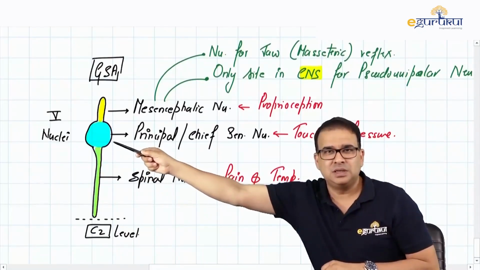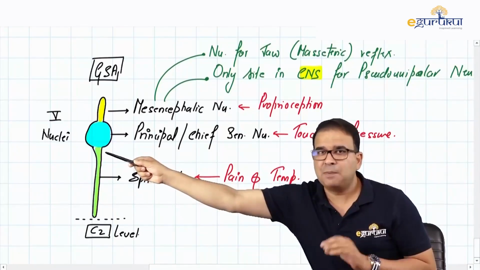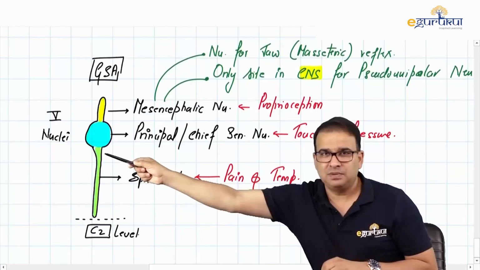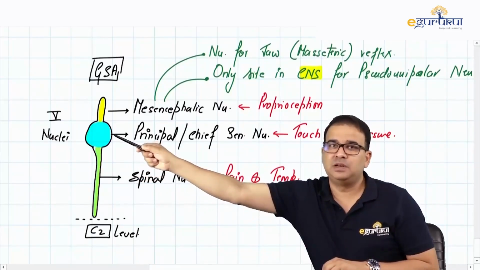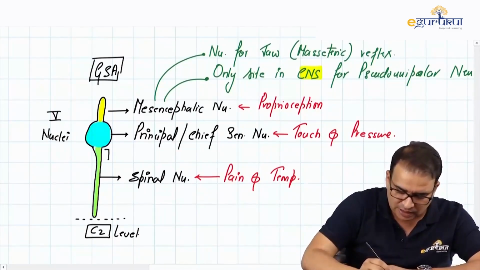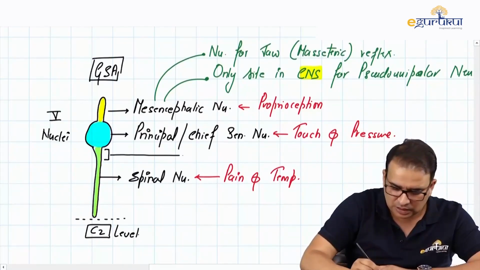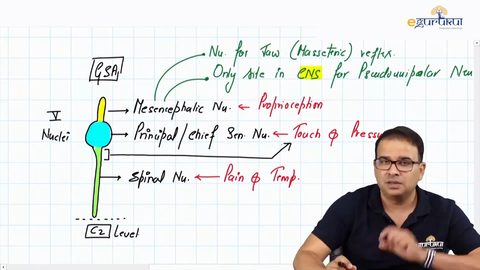The principal sensory nucleus. So it is very much possible that the cranial part of the spinal nucleus might have some properties of the principal nucleus as well. That's why it is to be noted that the cranial part of the spinal nucleus also has some fibers for touch and pressure. Just the cranial part.